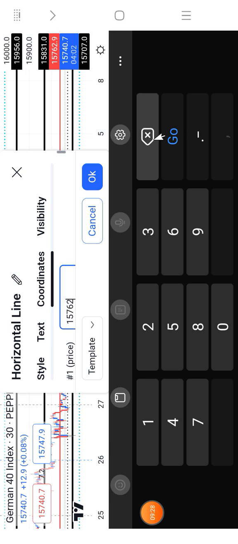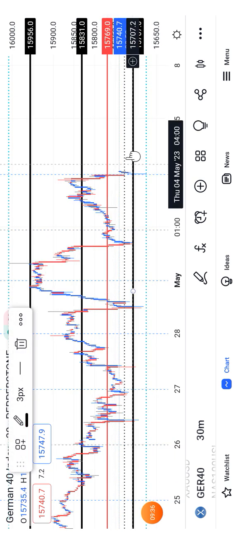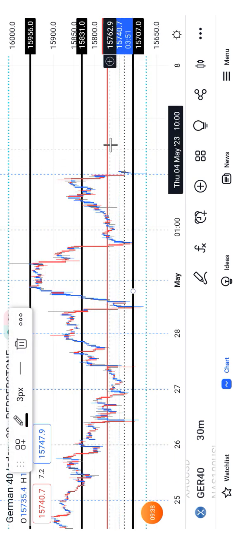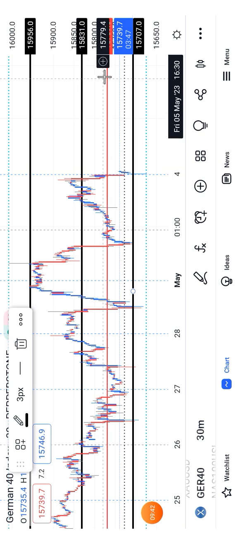So it's 69 right here. So yeah, this is the price that is in the middle.